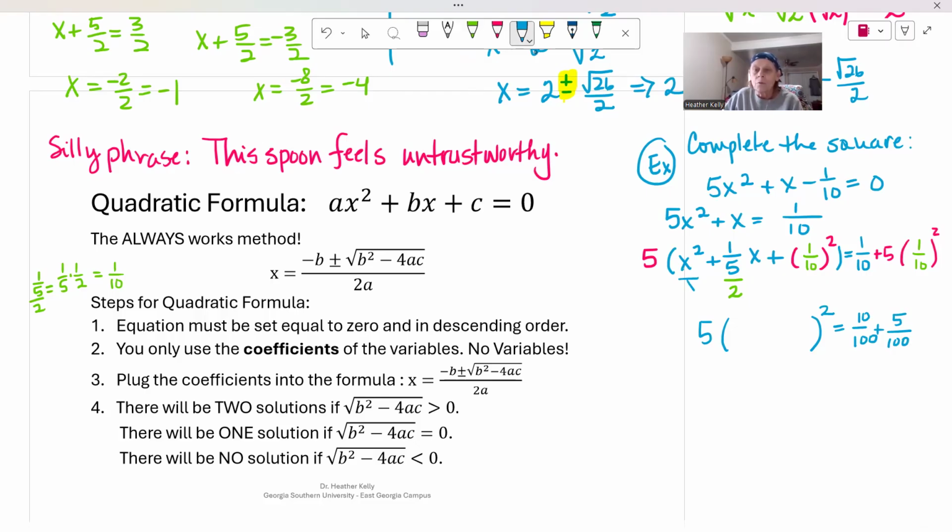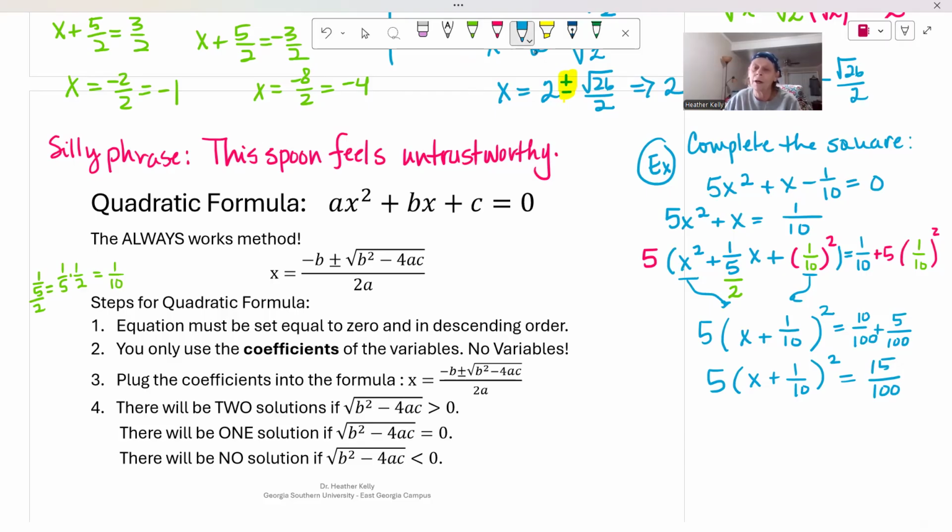And then we pick up one of these and one of these, so I have 5 times x plus 1/10 squared is equal to 15/100. Now look, I'm not going to simplify this yet because I know I have more things here.